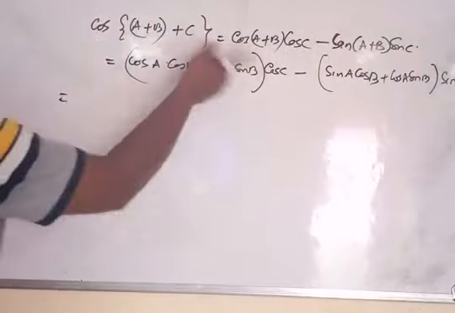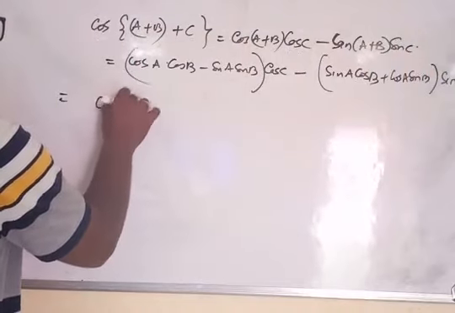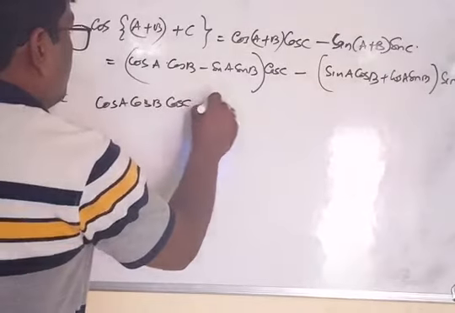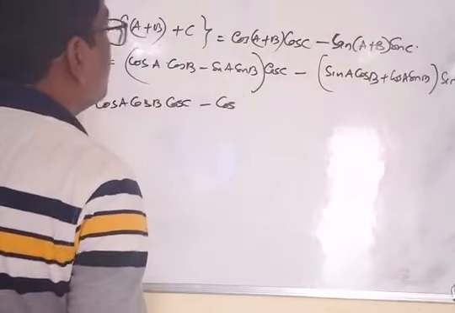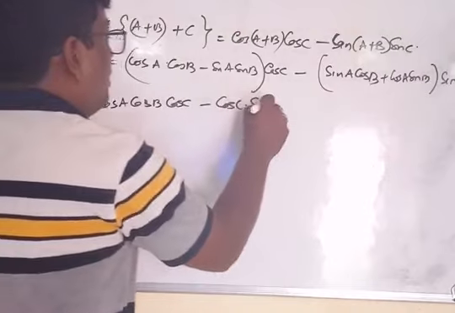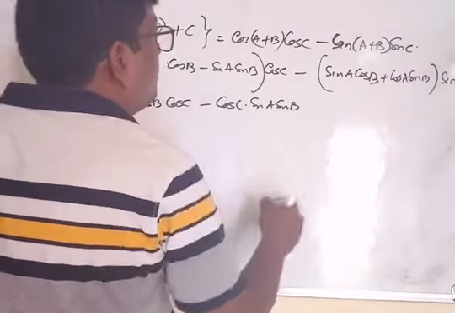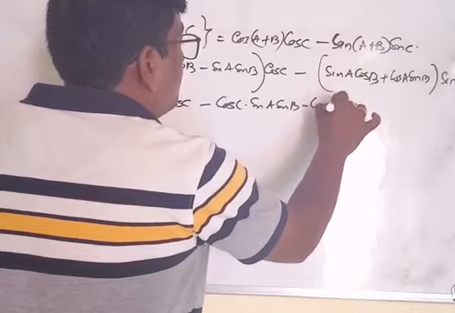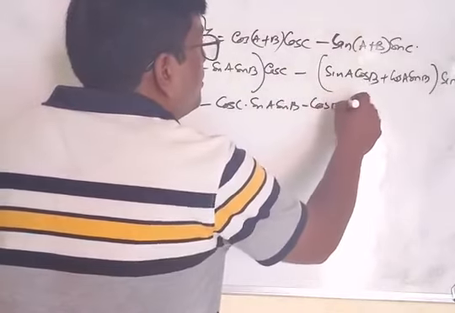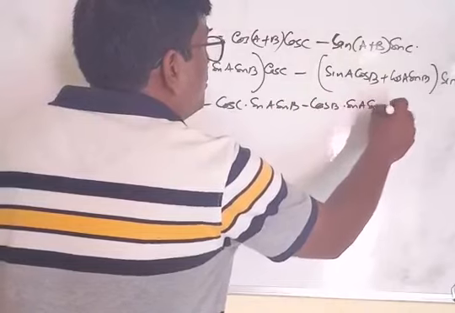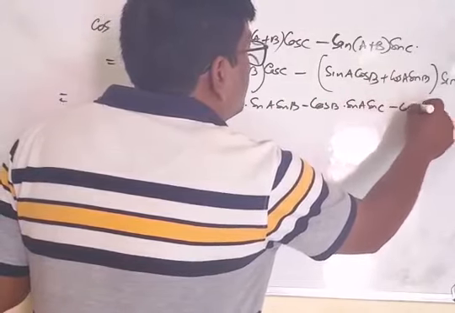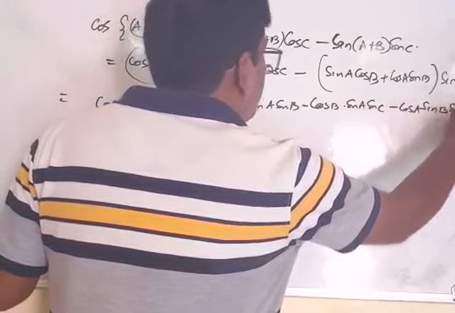This is equal to cos a cos b cos c minus cos c sin a sin b, minus cos b sin a sin c, minus cos a sin b sin c.